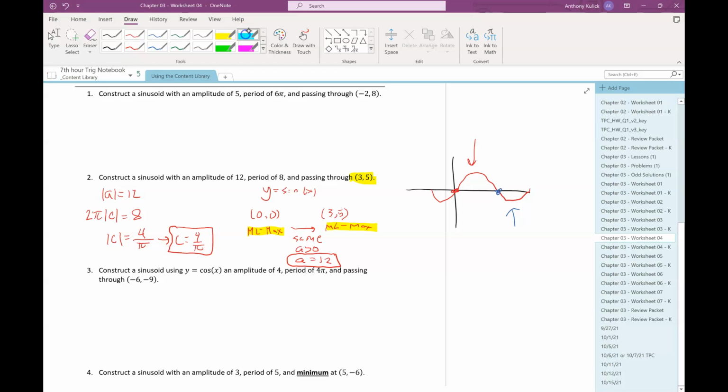Okay. I can find the H for free. Since the x-coordinate in my parent function is 0, the x-coordinate for my transform function has to be my H. Likewise, since the y-coordinate for my parent function is 0, the y-coordinate for my transform function has to be my k.